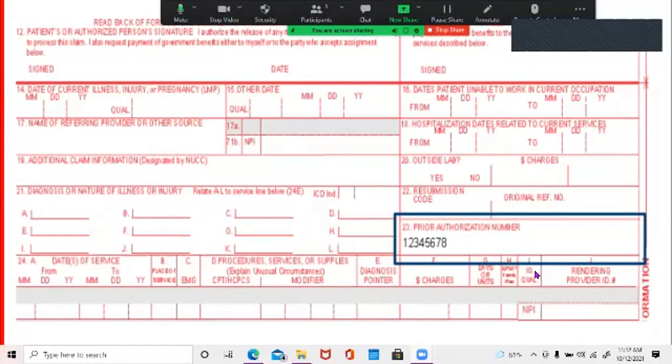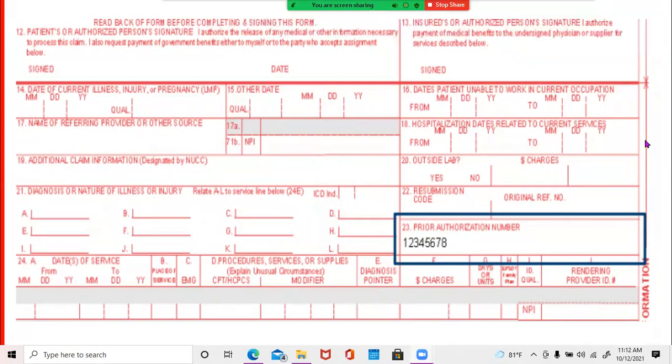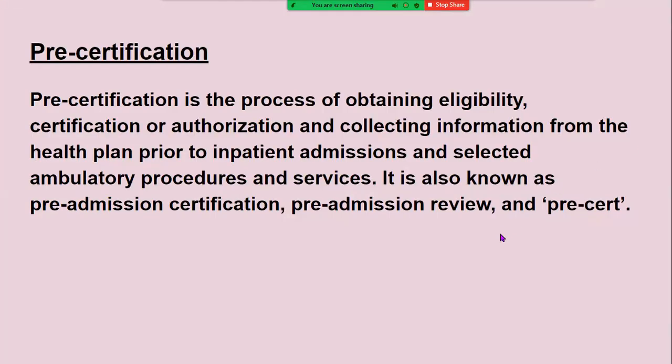Okay, now we're going to go back and continue the slides. Can y'all think of another word that you can use for pre-auth besides pre-authorization or prior authorization? Precertification. Now, those words are sometimes used interchangeably. I'm just going to give you the definition.